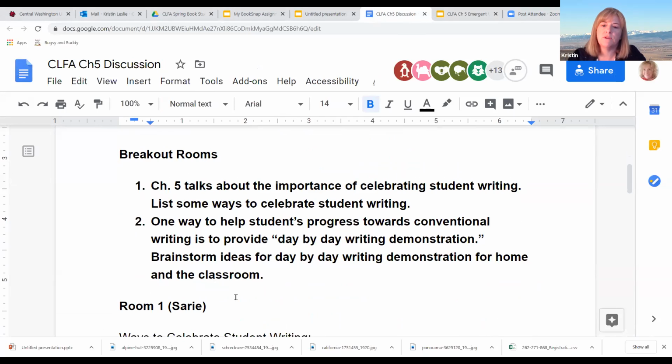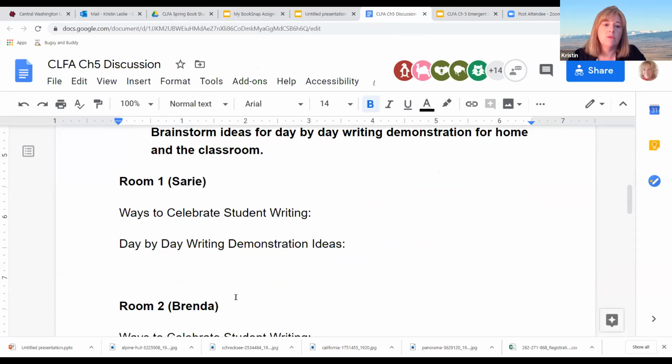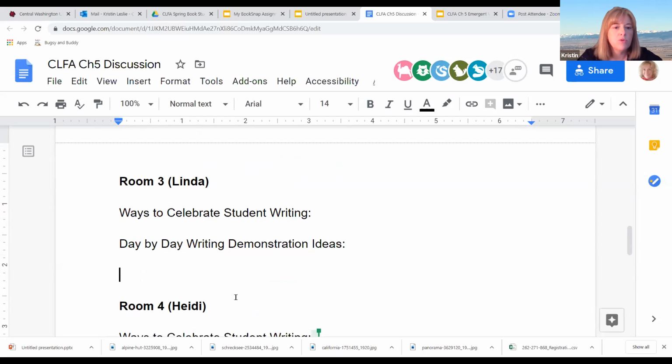So brainstorming ideas for day-by-day writing demonstration for home and school. And so we'll have Sari taking some notes in one, but anybody can log in and take notes under these sections. And Brenda for 2, and Linda room 3, and Heidi room 4. Okay, so you'll see that you're going to be able to join a breakout room shortly.